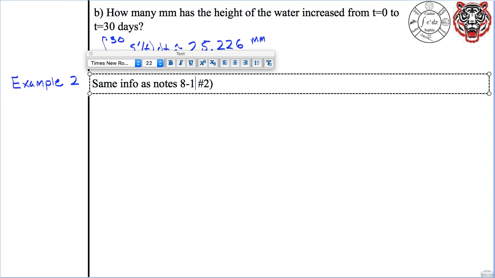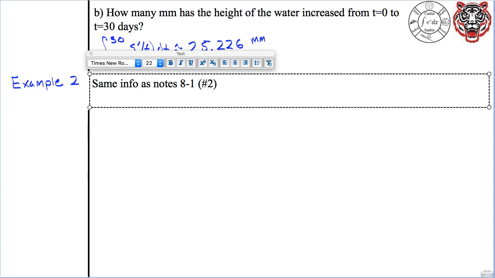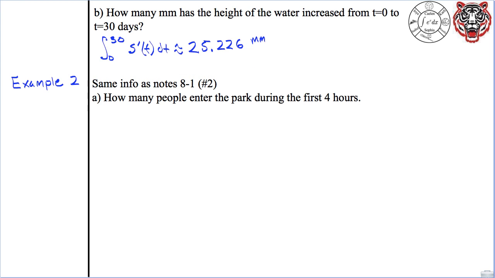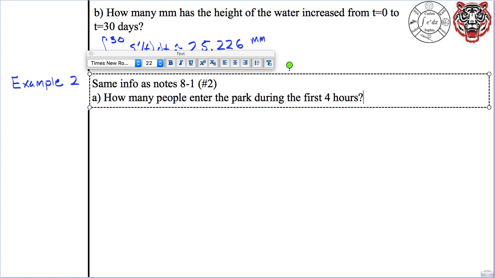Could put parentheses around there. All right, so now we're going on to part A for this question, and that is how many people entered the park during the first 4 hours? I guess that should be a question mark, shouldn't it?